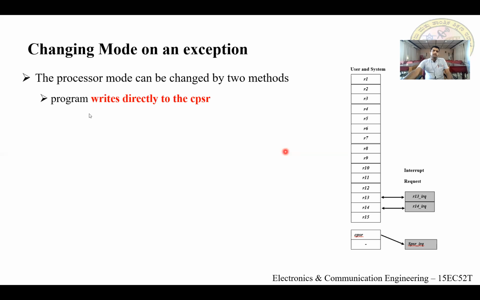By writing directly to the CPSR, we can change the mode from one mode to another. This is the first method. The second method is exception or interrupt: when the core responds to an exception or interrupt, the hardware changes the mode from one mode to another.